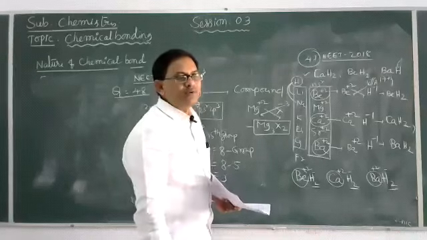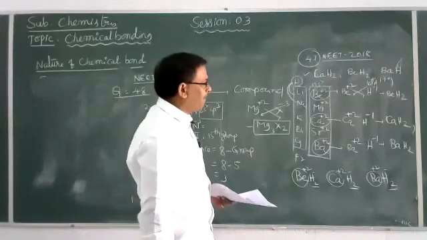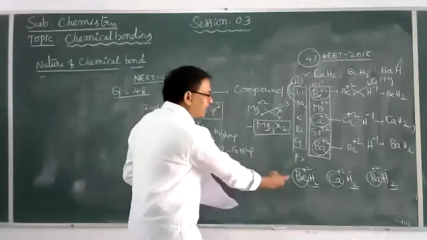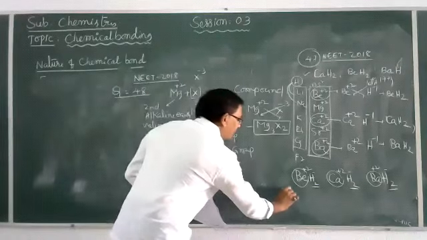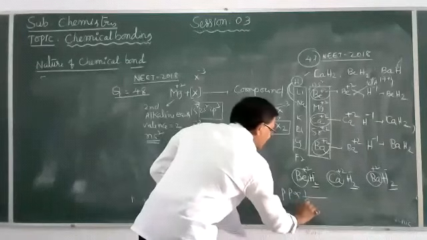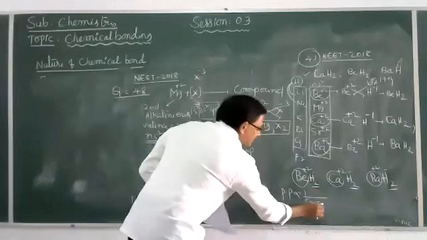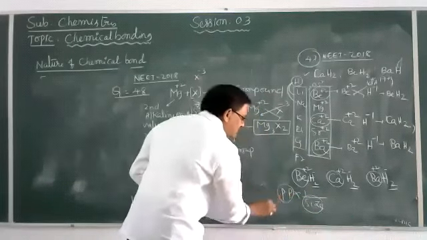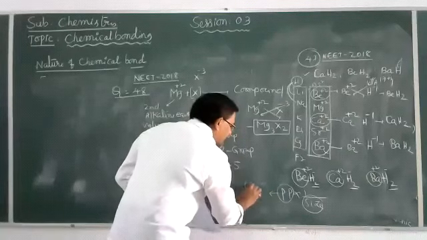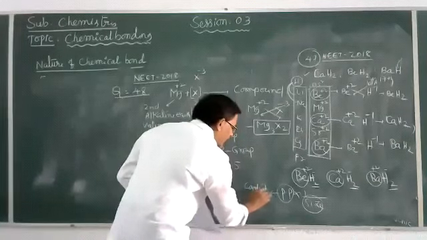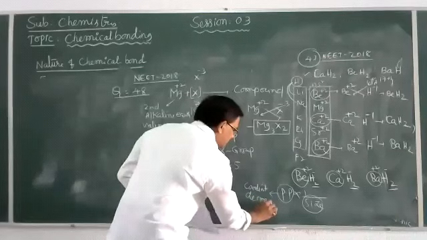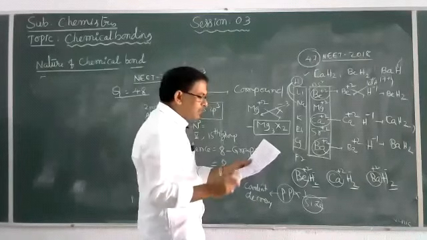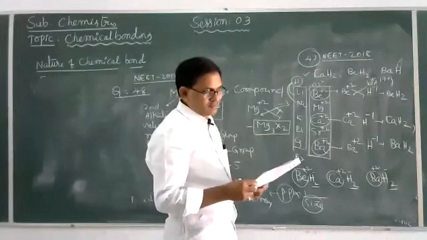According to Fajans rule, using polarizing power for the cation, polarizing power is inversely proportional to size. If size is more, polarizing power is less, and covalent character is also less. Covalent character decreases. Now your question is the correct order of ionic character.